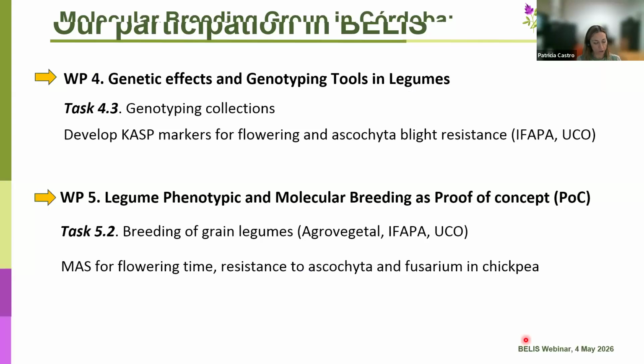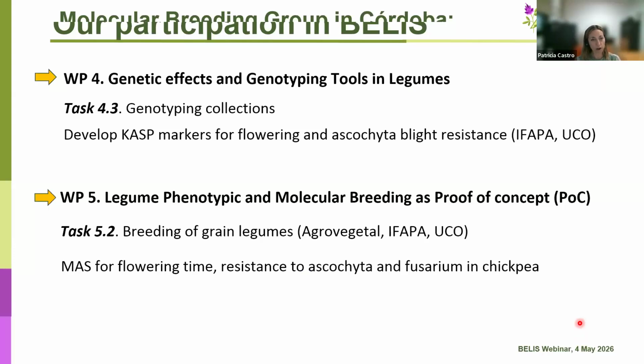So what is our role within the BELIS project? Our contribution has mainly focused on work packages 4 and 5, which are the work packages our group is involved in. And in this talk, we will explain how we have developed KASP markers for key traits such as flowering time, Ascochyta blight resistance, and Fusarium resistance, and how we are using the markers in work package 5 for marker-assisted selection.